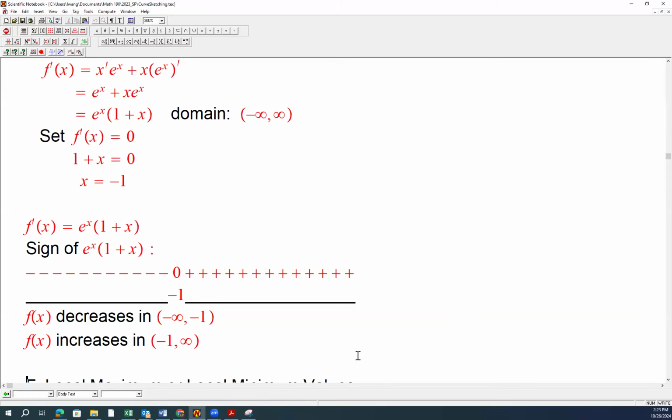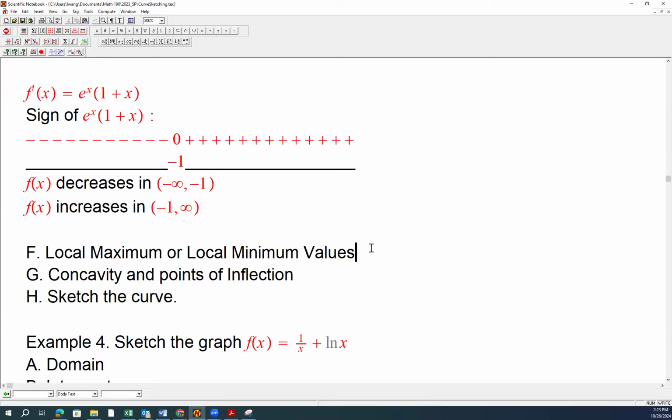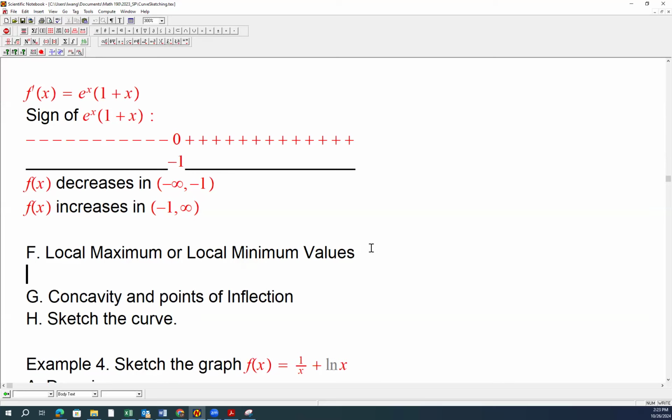To answer the question next, we got a local minimum by the first derivative test.